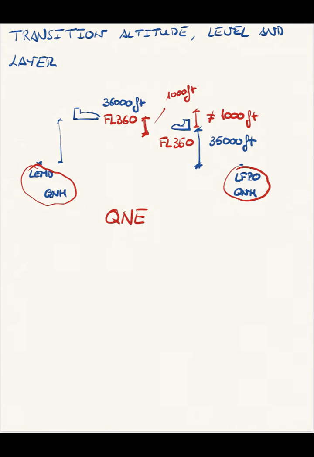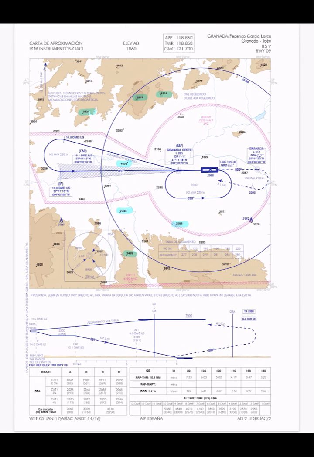So there is a moment in the operation when we have to change from QNH to QNE after takeoff. At which point are we doing that? Well, we are doing that when crossing an altitude named the transition altitude. The transition altitude is an altitude that is published on the standard instrument departure charts, or on some other charts, such as this one here.